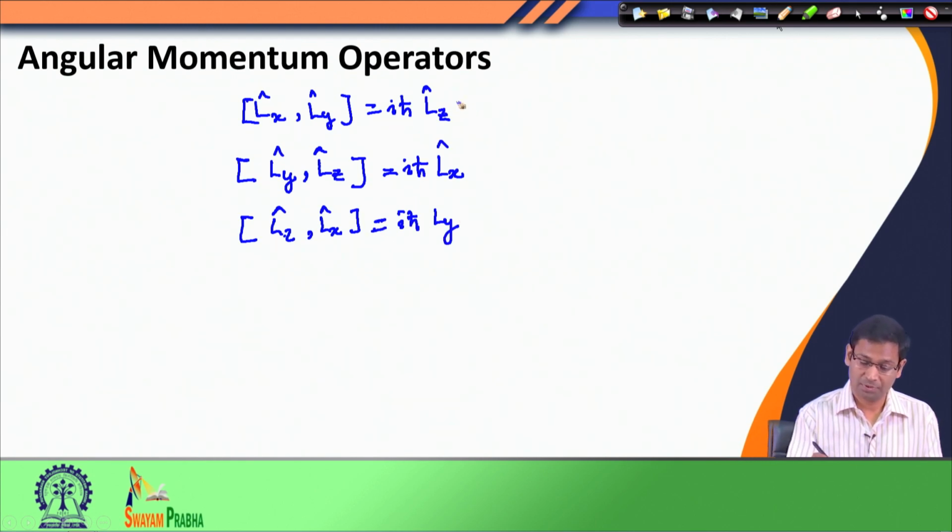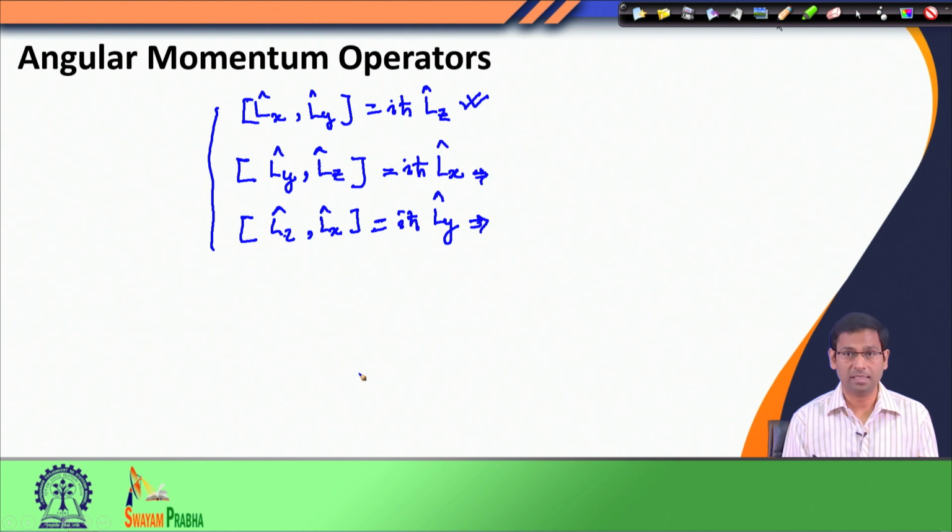In our lecture, we derived this relation, but I would encourage you to try to derive these two relations. What we see is that Lx, Ly, Lz, the three components of the angular momentum operator, do not commute with each other, but they follow a cyclic relation between them.